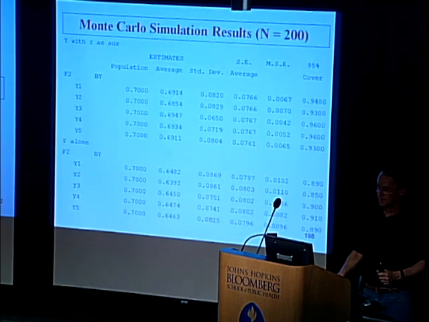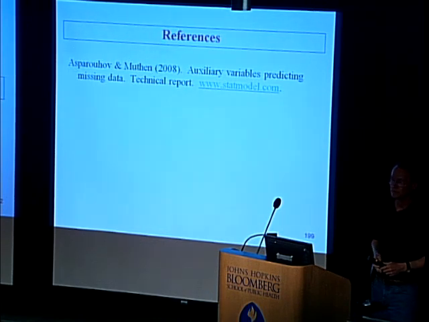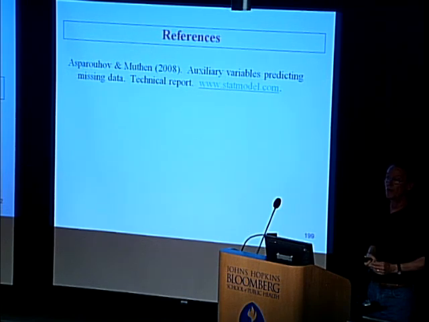And we have a technical report sitting under technical appendices, I believe, on the Mplus website, where we describe how Mplus has automated the missing data correlates approach that these authors talk about.